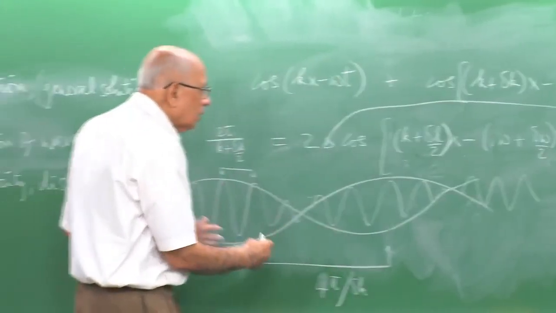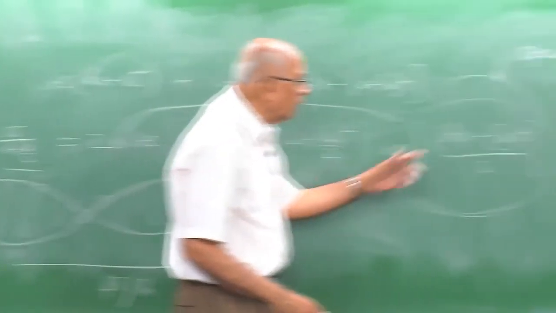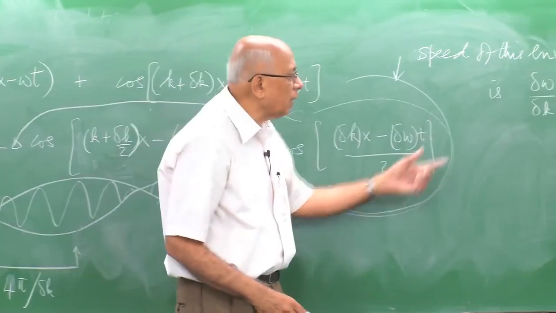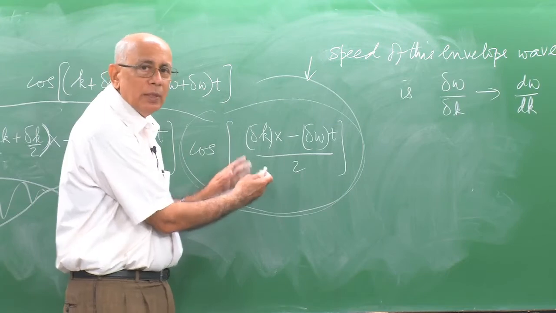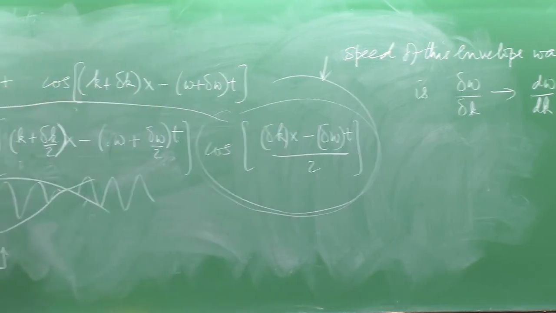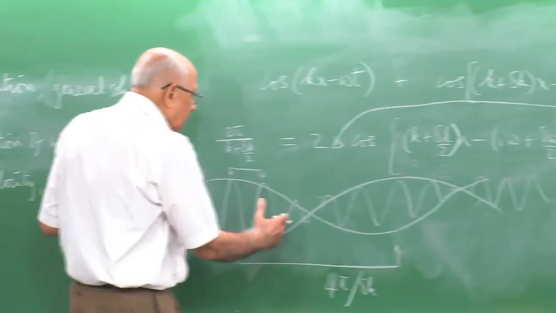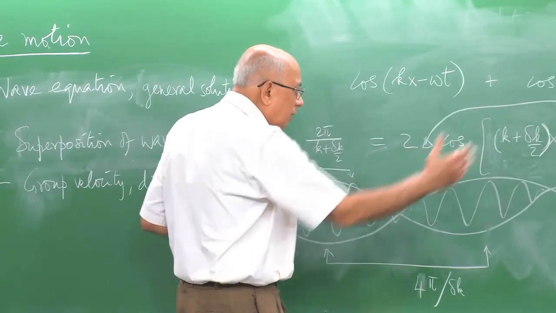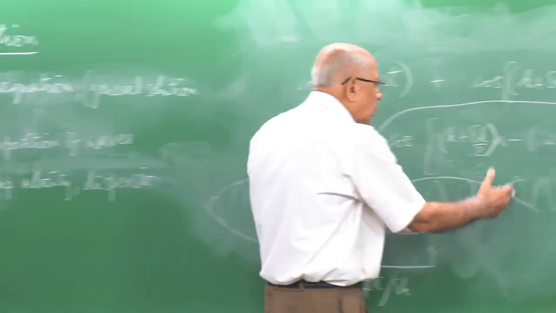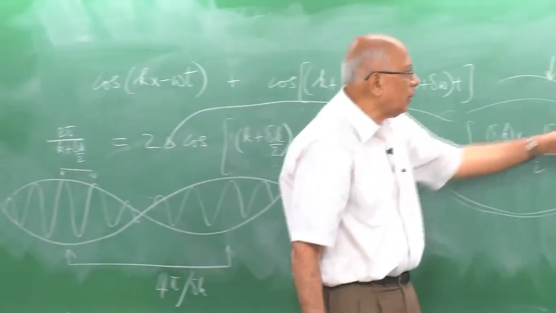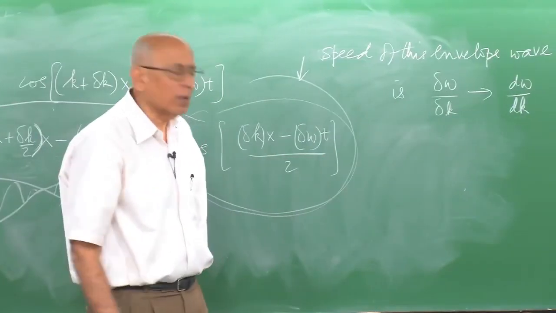So, the point is I superposed two of these waves and I found that there is an envelope which is travelling at a speed given by delta omega over delta k. It is a much longer wavelength thing. So, the original two waves have now broken up into groups. There is a group here and that group as a whole is travelling with this speed here, and this is called the group velocity.